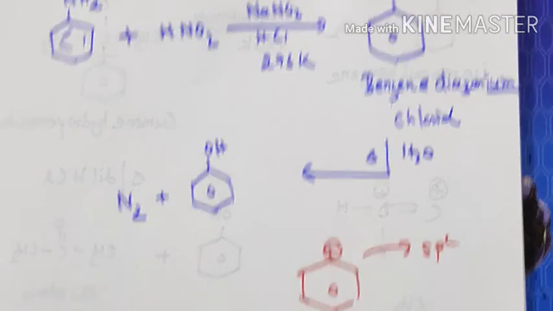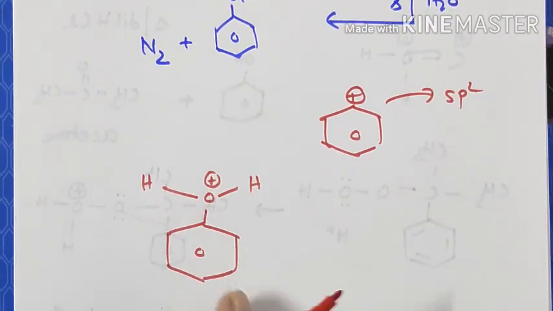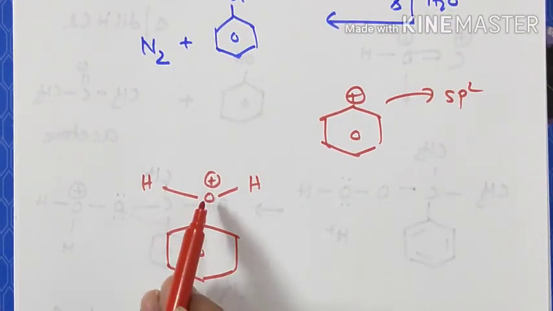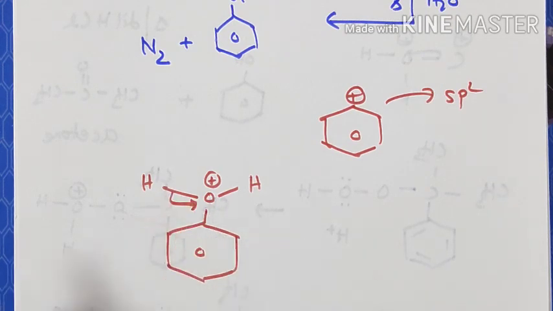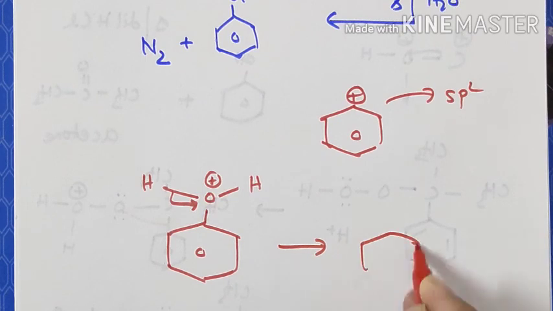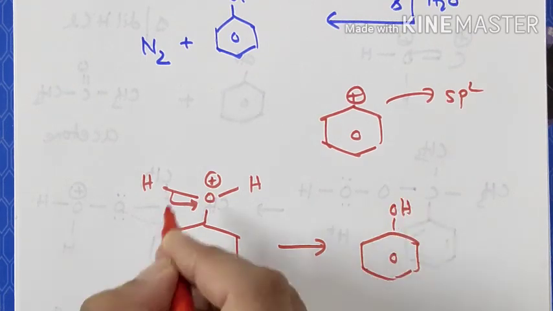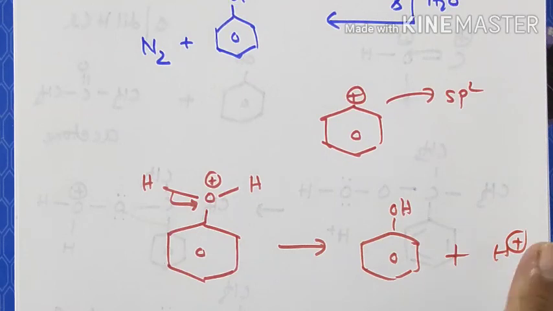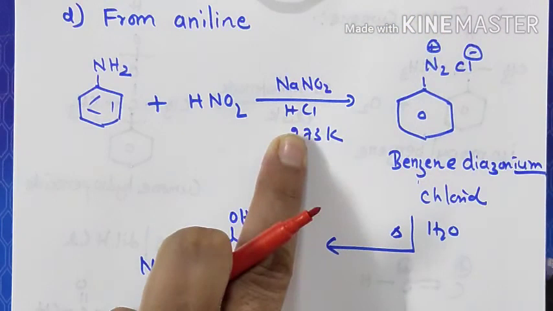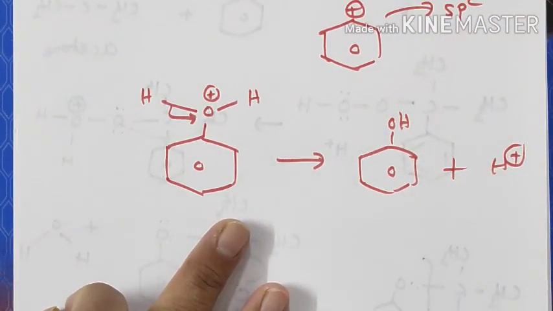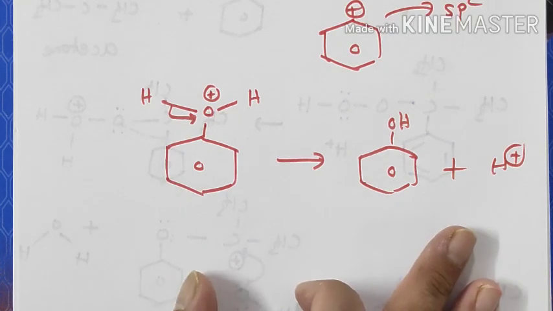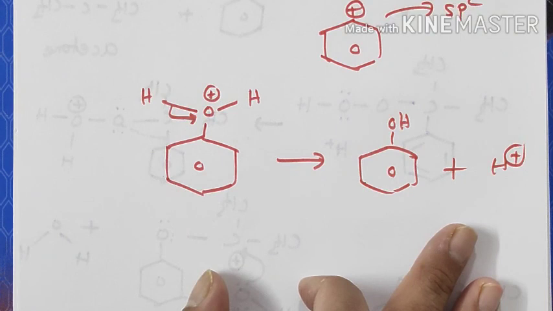Okay, when positive charge forms, we do understand oxygen can't remain positive, so it's going to take this electron, and as soon as it takes the electron, it results in the formation of phenol, and this will come as H plus, and this H plus is further going to perform the reaction as HCl we use, right? So that's how the preparation of phenol is completed, right?